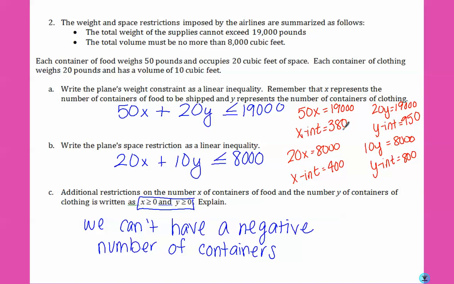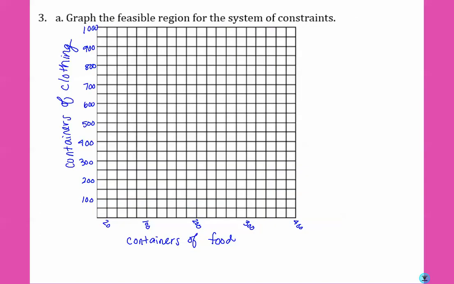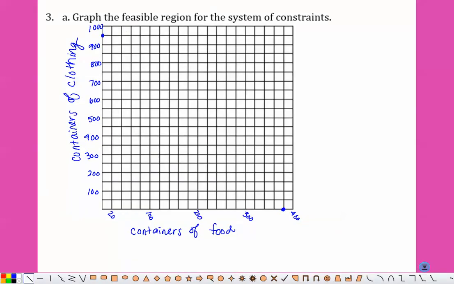So connect an x-intercept of 380 to a y-intercept of 950. So 380 to 950. The main reason it's important to make sure you are using a ruler or the side of your calculators is because the points where they intersect are going to be really important.